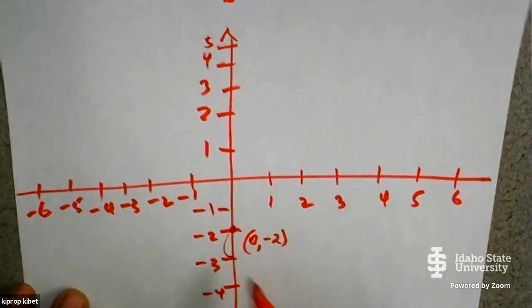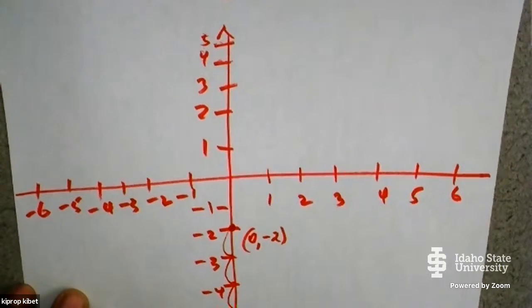So this is 1, 2, 3, 4, 5. And then we go 6 steps to the right. So up to 6 here, 1, 2, 3, 4, 5, 6.